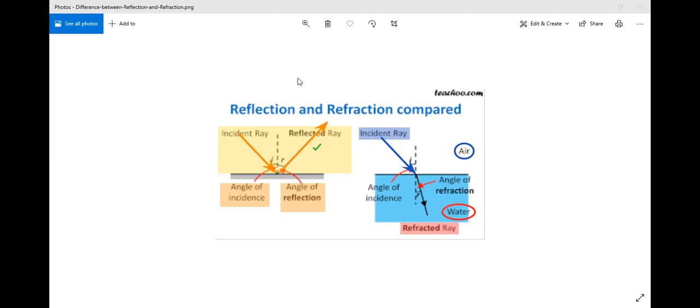Excellent. Here is the refracted ray. The refracted ray is in water. Okay, so the incident ray and the refracted ray are in different media. They are in different places, and the angle of refraction can be smaller or bigger than the angle of incidence. It's according to from where to where the light ray is passing.